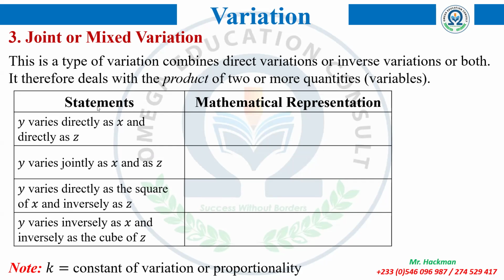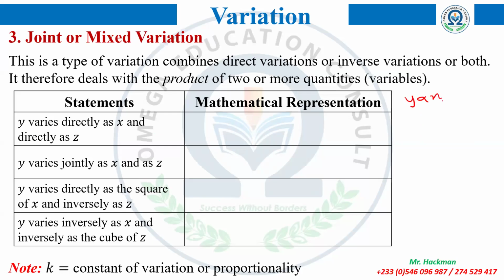Just as we did for the first 2 types, we are going to look at the statement and how to move from the statement to the mathematical representation, and therefore the relation. If you look at the first statement, y varies directly as x.